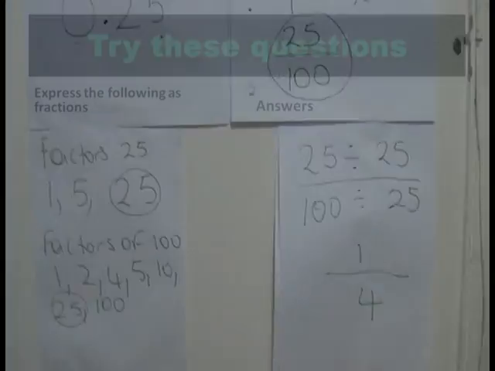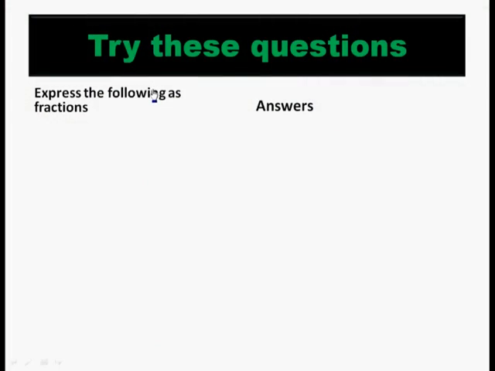Very simple. So based on what we showed you before, we're going to ask you now to try these questions. And guess what? As usual, you know the routine. Pause your video and then try the questions. But before you pause the video, you need to write down the questions first, don't you? Very good. So the instruction: simply express the following as fractions.